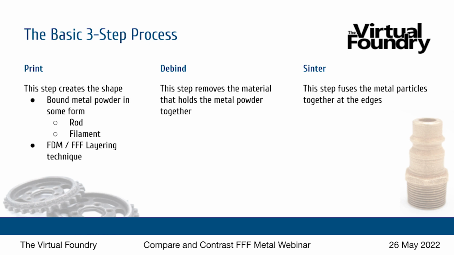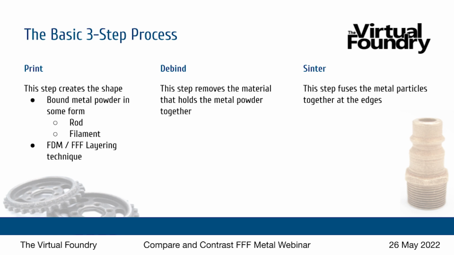They're using bound metal powder in some form. It could be a rod shape or in a filament format, and they're using that layering technique to make the shape. Then because each of these is using a bound metal powder, there is a binder included, and that binder needs to be removed.